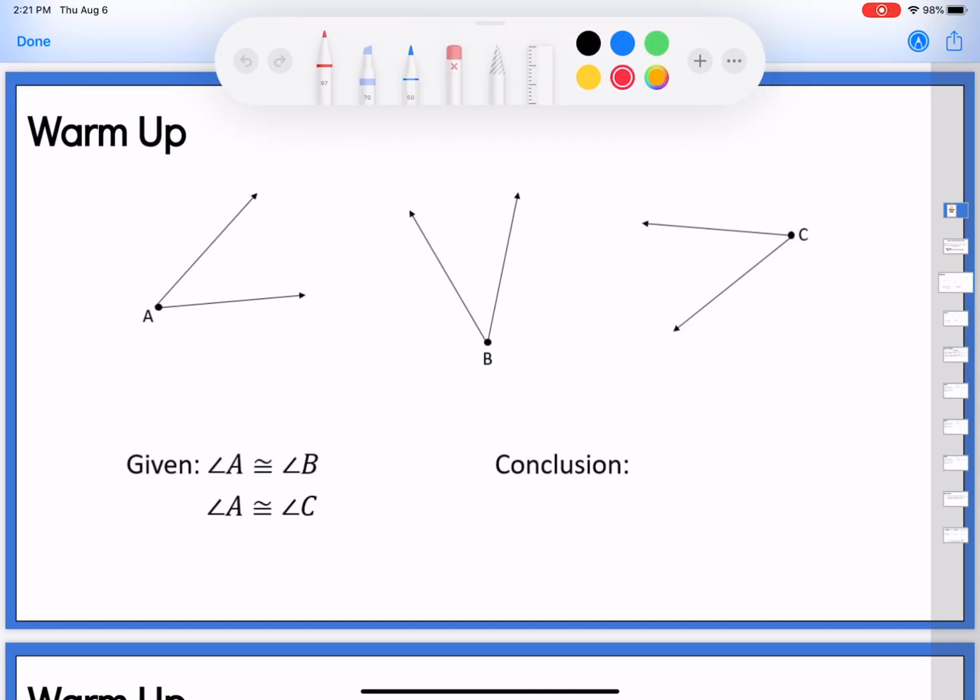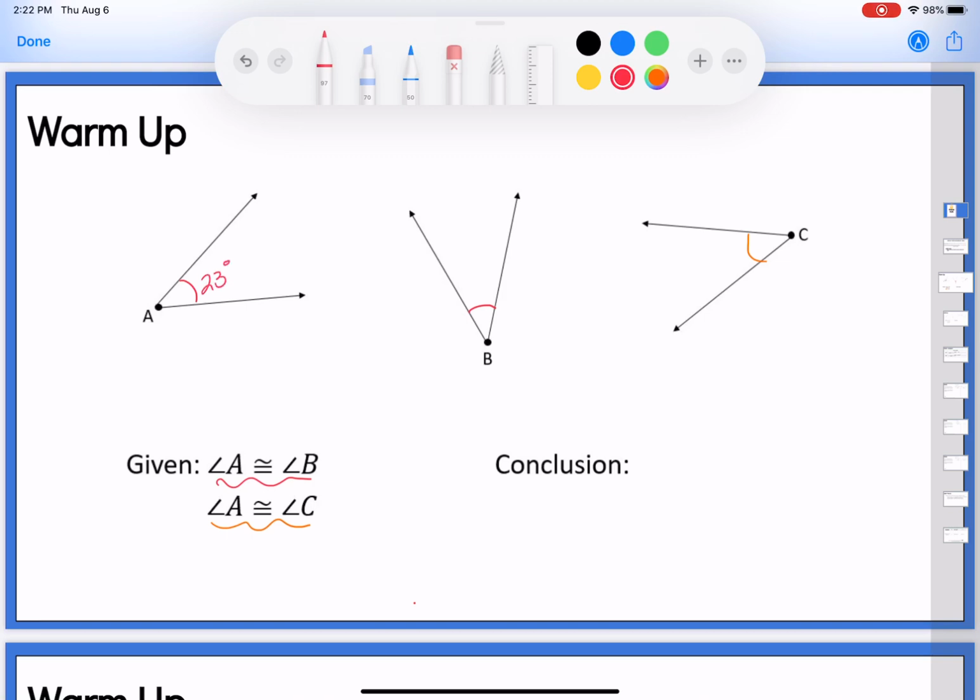All right, so in this first one, we are given that angle A is congruent to angle B. And then we're given that angle A is congruent to angle C. So what could we conclude then? Well, if you're having trouble seeing it, let's say that we knew angle A was 23 degrees.